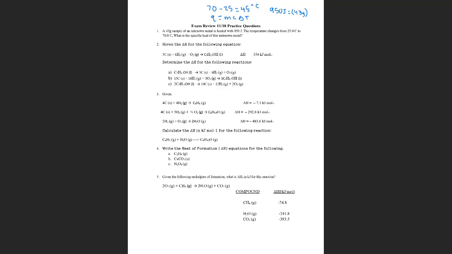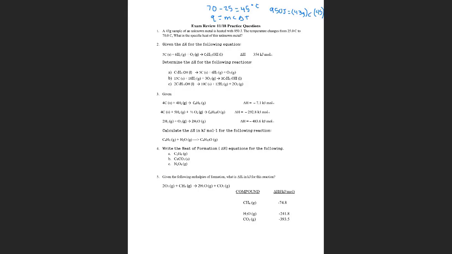And what does C stand for? Specific heat. So that's what we're solving for. So we just leave that as is for now. And then the change in temperature, you guys already found out that's going to be 45.